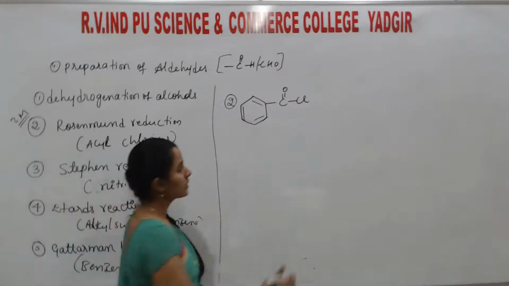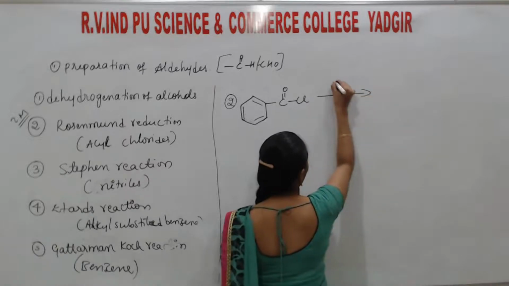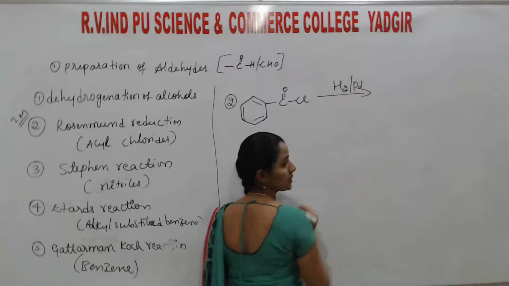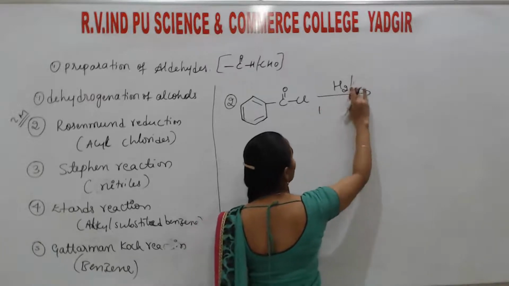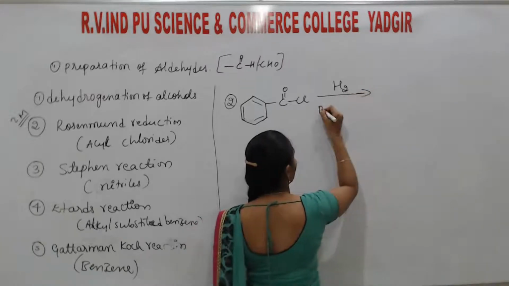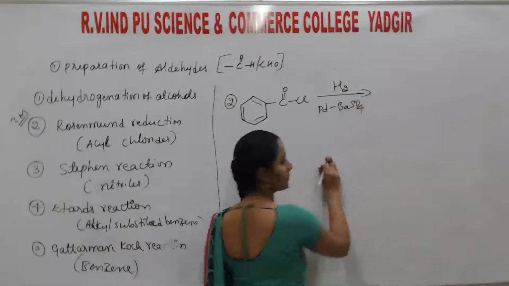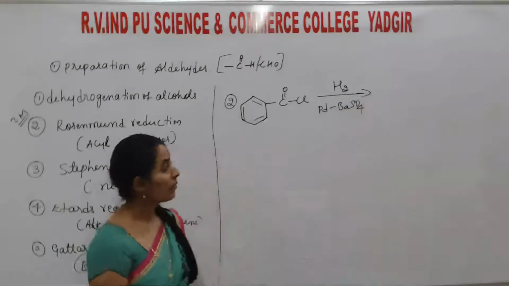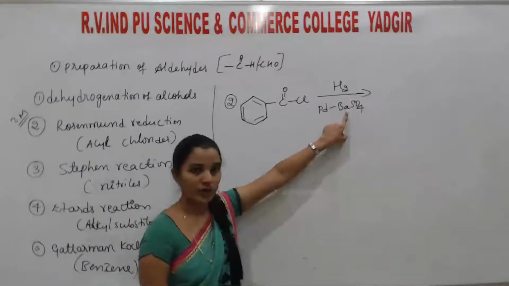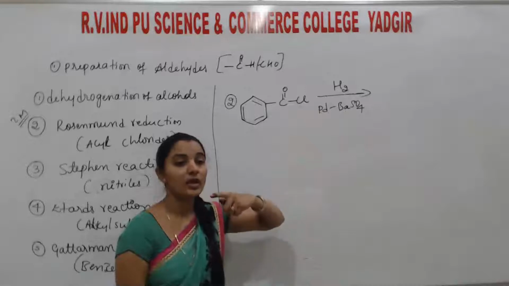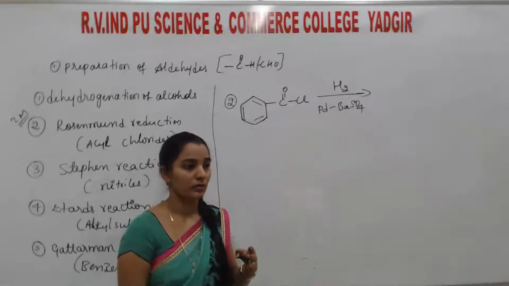When it undergoes hydrogenation in presence of palladium as a catalyst and BaSO4 as a catalytic poison. Remember this is very important: BaSO4 in the Rosenmund reaction is used as a catalytic poison.